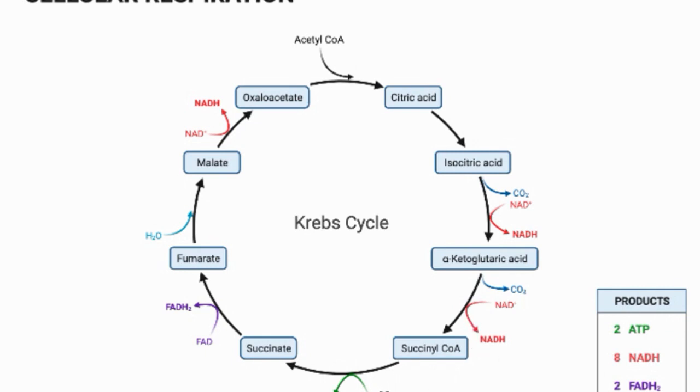Come down, you get your 2 ATP. Come out, and then you get your 2 FADH2s. Water comes in, your FAD or your NAD+ turns into NADH, and then the cycle repeats itself.